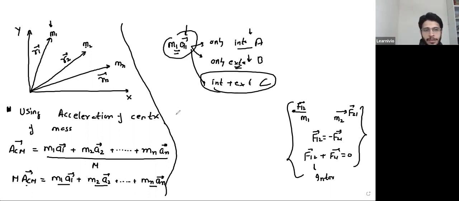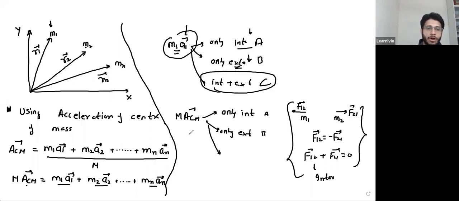Now tell me, if I say this is M times a_CM, the acceleration of center of mass, which option will be correct? Only internal, that's option A. Only external, that's option B. Or external plus internal, that's option C. What's the first line of the statement I wrote in the previous slide?